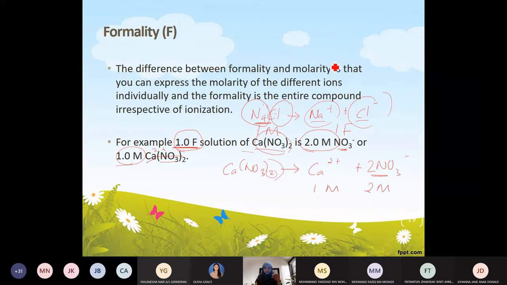By definition sebenarnya, 1 molar ni sebenarnya refer to 1 mole of sodium plus and 1 mole of chloride ion. Sepatutnya macam ni. Kalau kita nak kata sodium chloride, in terms of molarity dia kosong, because it fully ionized into sodium and chloride.